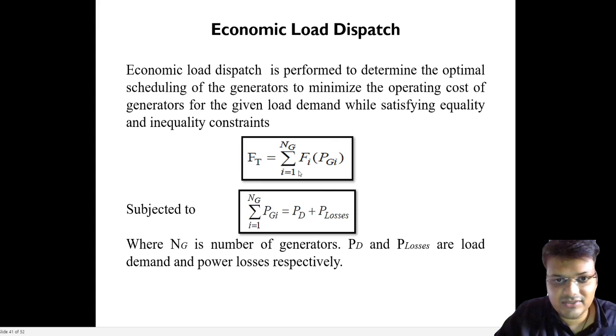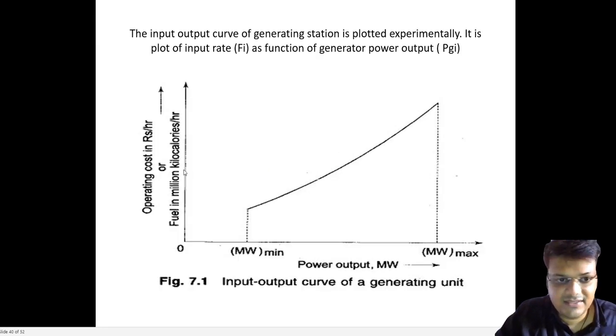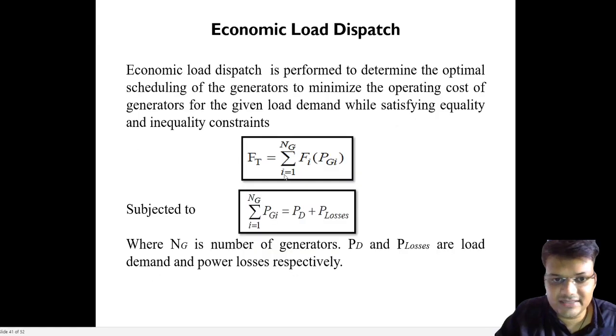The function of cost is given in terms of power. Here we can see the function of cost, the operating cost in rupees per hour, in terms of power output. It is given as a summation from 1 to NG over the different generator buses. Don't bother about that; only look at the function of cost in terms of power generation, F_T, subject to fulfilling the demand.